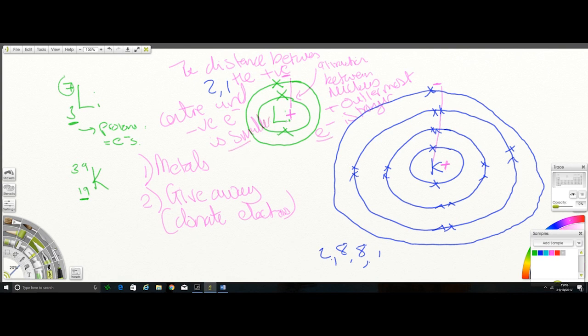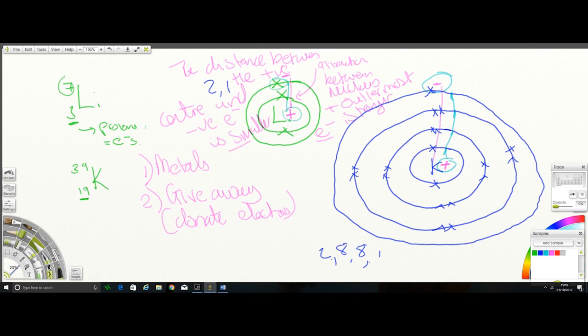The second reason is, if you look here, so I'm going to change my color up a bit. Look at how much shielding this one has between the positive center and the outermost electron, because this is the electron that's going to go. Look how much shielding we've got: 1 shield, 2 shields, 3 shields, 4 shields. So the force is protected by all this shielding. How much shielding do we have here? 1, 2.